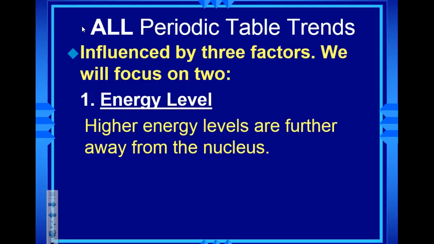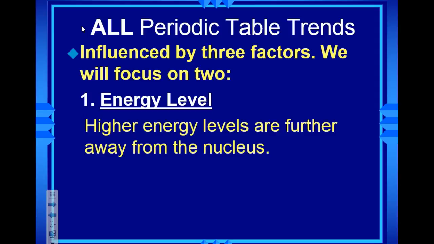For example, if we look back at our model of sodium, this is our first energy level, this is our second energy level, and this is our third energy level. When we say higher energy levels, that means that it is further away from the nucleus.